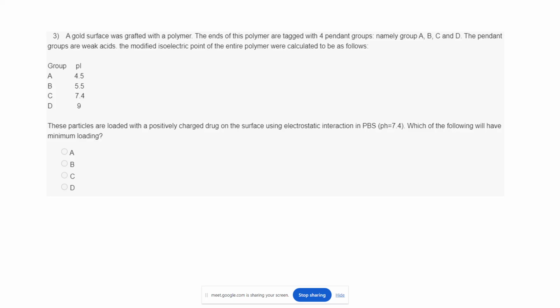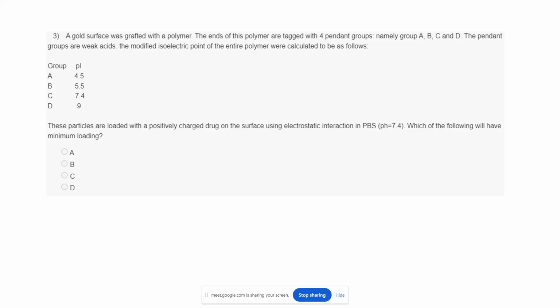I'll give you some time to think on this question, and then you can let me know what you think the correct answer is. Ma'am, what does it mean minimum loading?